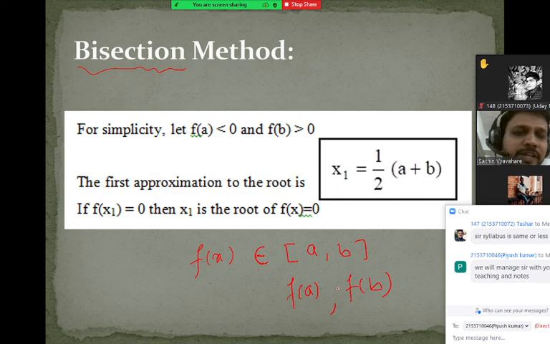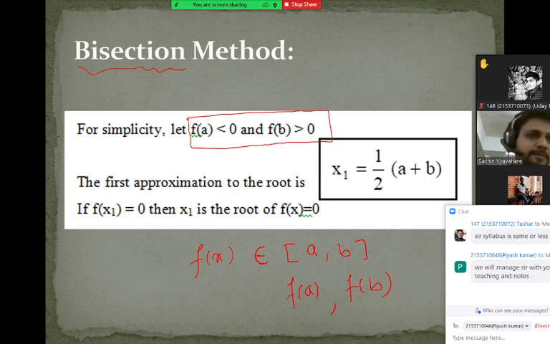What happens with this condition? Can anyone tell me why this condition is there? Why is it that one value should be less than zero and one value should be greater than zero? Why is this a requirement to get the root of the equation?